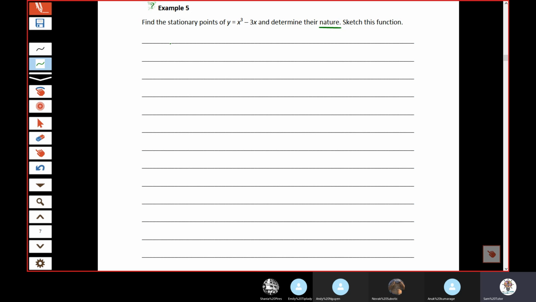All right, let's start. Again, keep things nice and neat. Stat points, underline it. y dash equals 0. So y dash equals 3x squared minus 3 equals 0. x equals, just by looking at it, 1 and negative 1.